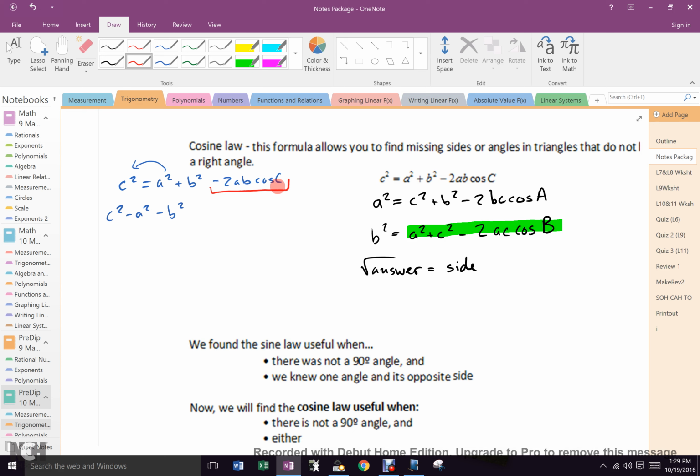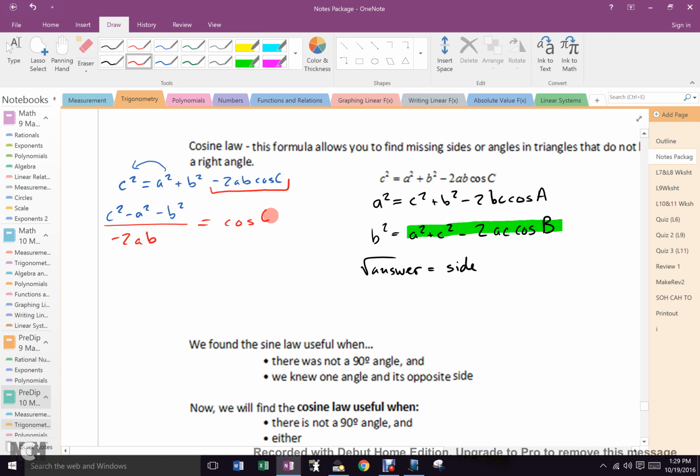Negative 2. That negative has to come, doesn't it? Because if I had negative 2x equaled 18, I would divide both sides by negative 2, wouldn't I? So I have a negative 2 here. So I got to divide this side by what? Negative 2ab. And that's going to leave me with cos C.